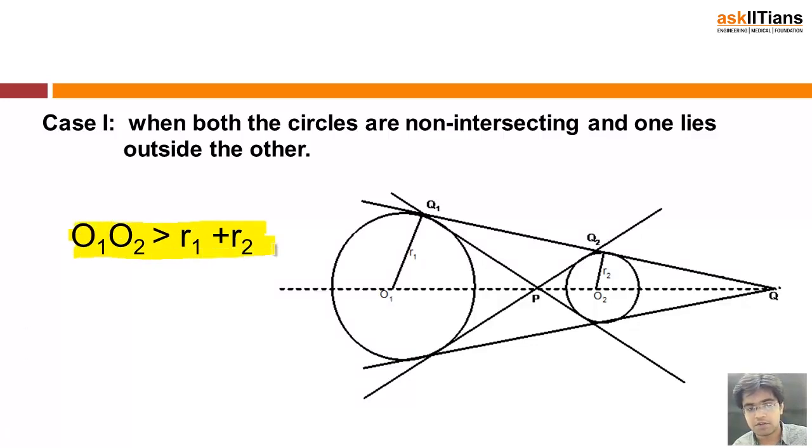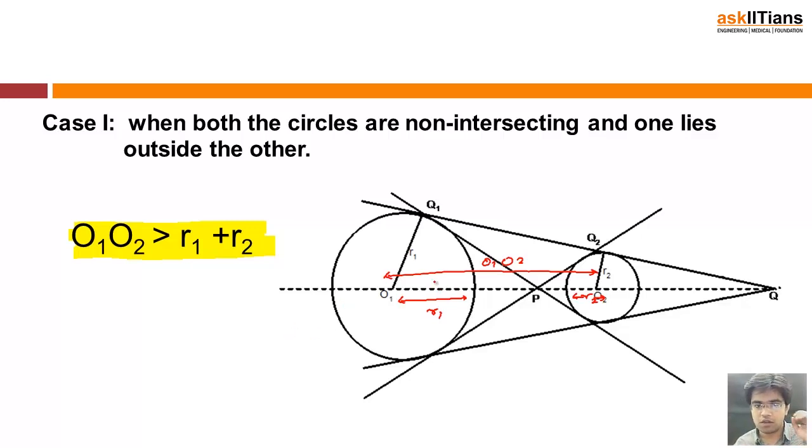The distance between the centers is O1O2. You can clearly see that this is R1, this is R2, but this whole distance from here to here is O1O2. So if the two circles are completely apart, then the sum of their radii is smaller than the distance between their centers. This is also one of the obvious things.